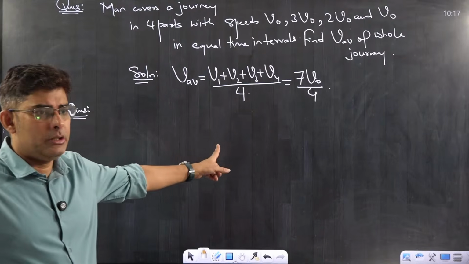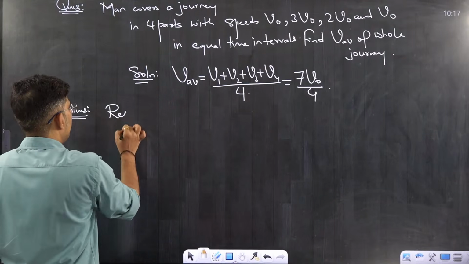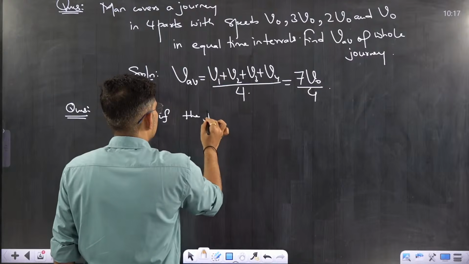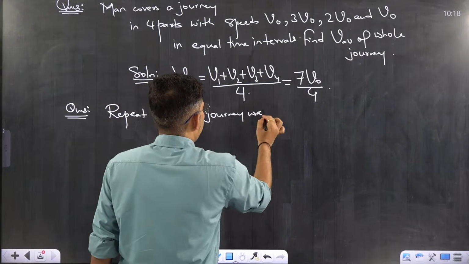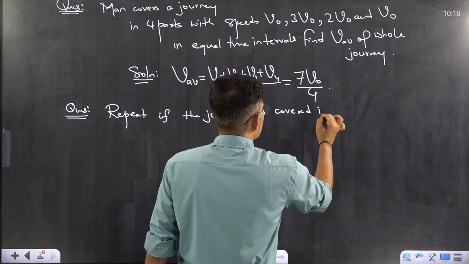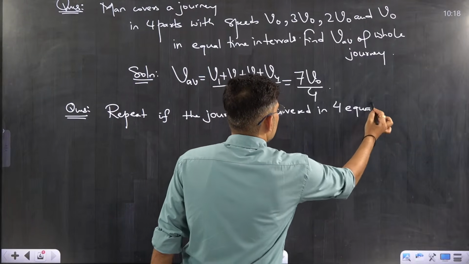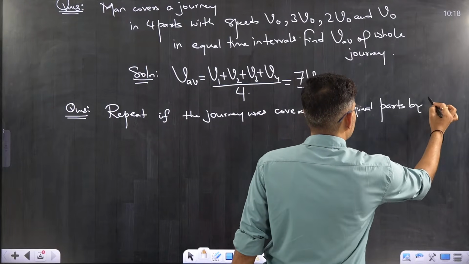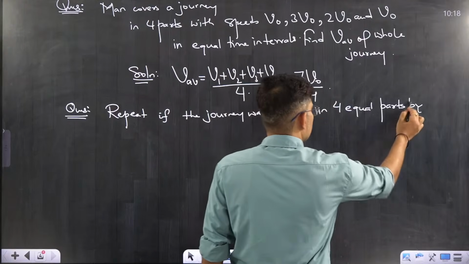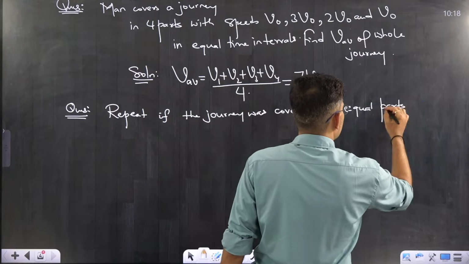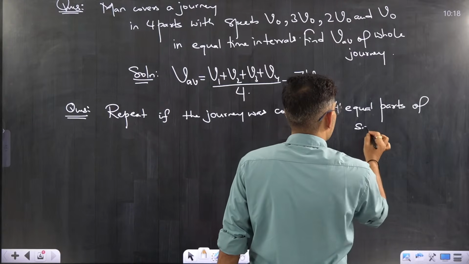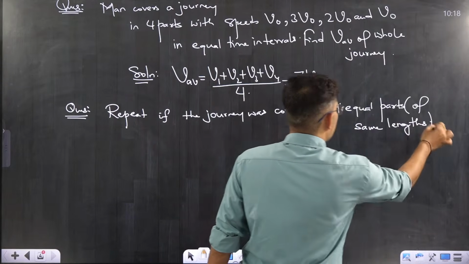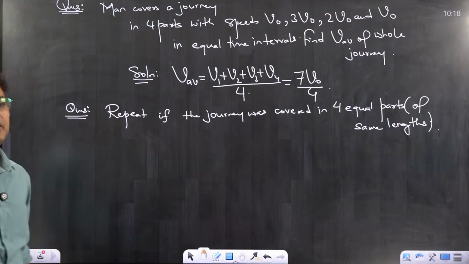Now the same question I will repeat and ask, if the journey was covered in 4 equal parts of the same lengths, but this time I am not taking the same time.